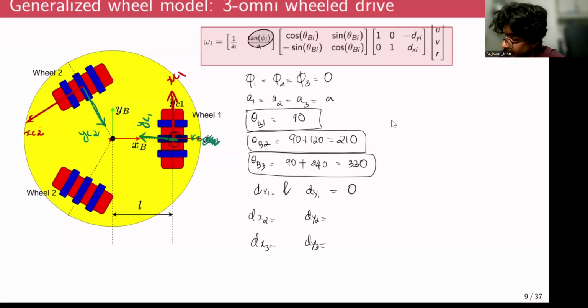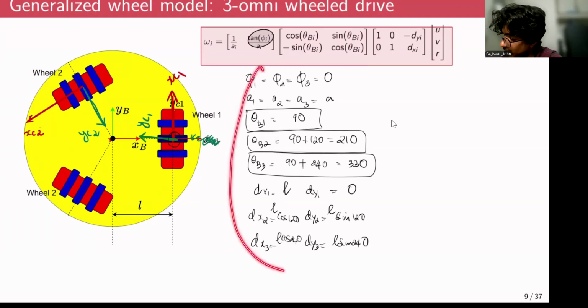Then what about dx2? If this angle is 120 degrees, dx2 would be L cos 120, dy2 would be L sine 120. And between 3 and B, this angle is basically 240. So dx3 is L cos 240, dy3 is L sine 240.